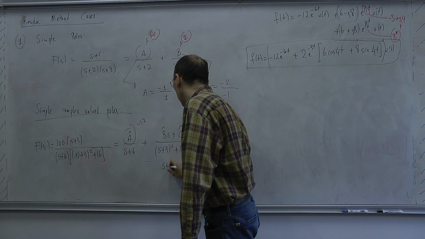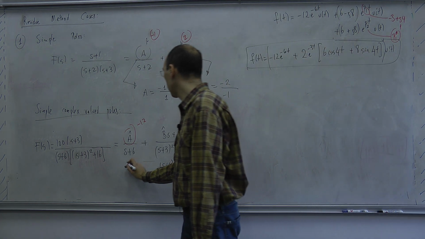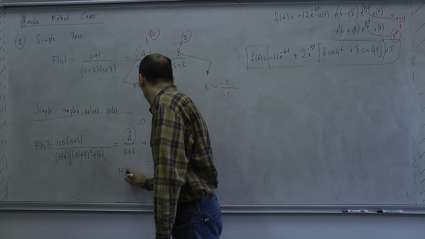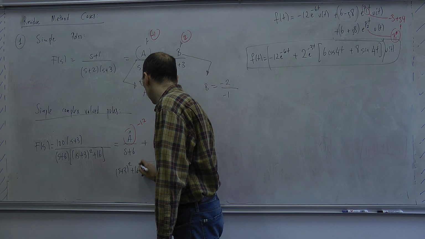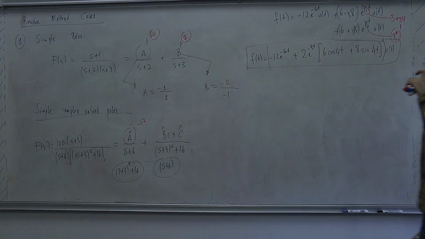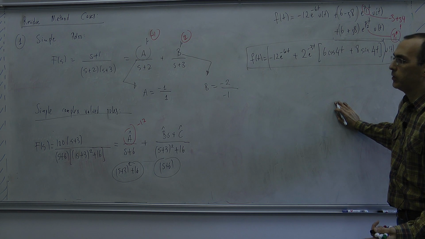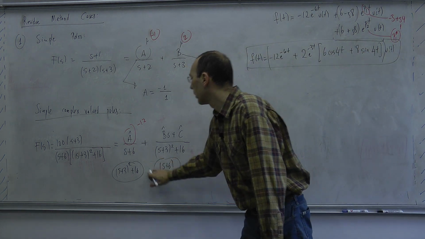So I'm multiplying by s plus 6, and this thing will be multiplied by s plus 3 square plus 16. So the thing is that, of course, we would like to use the residue method, but if it is towards our advantage to use something else, why not use it?